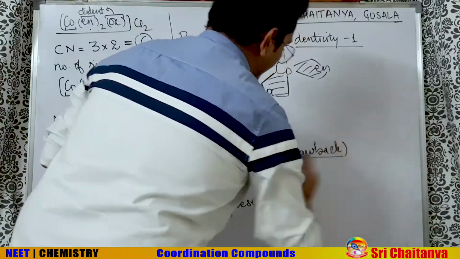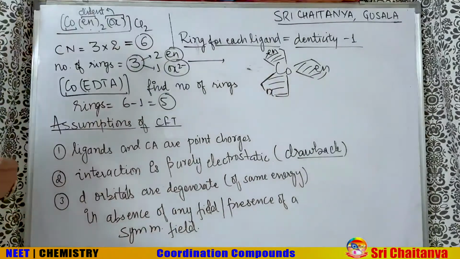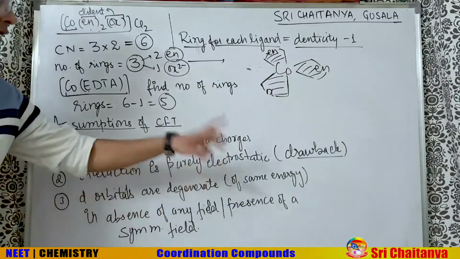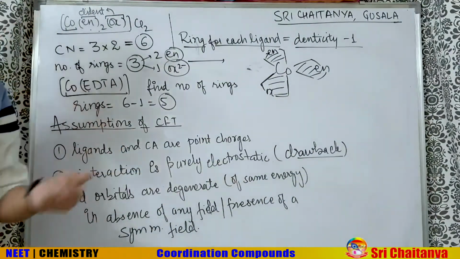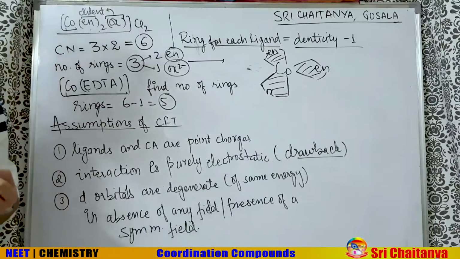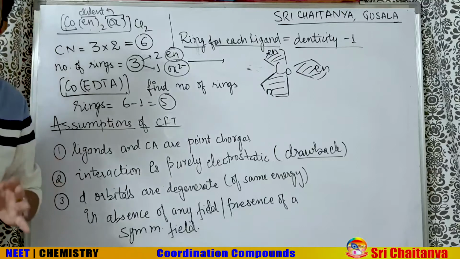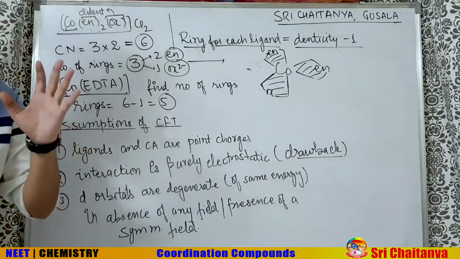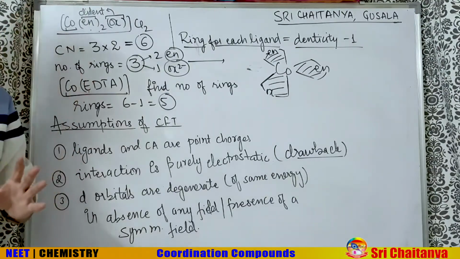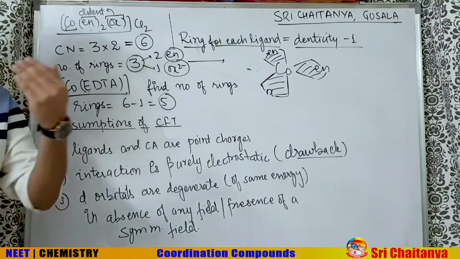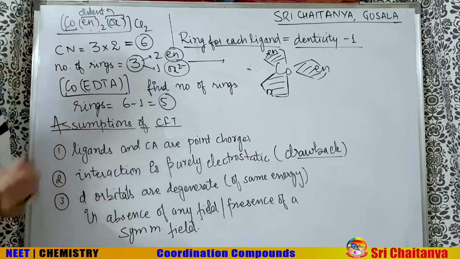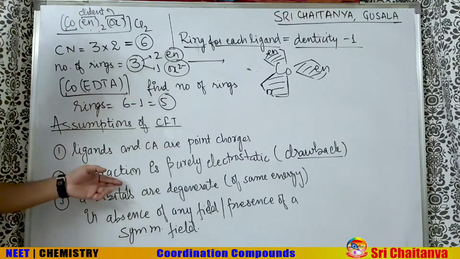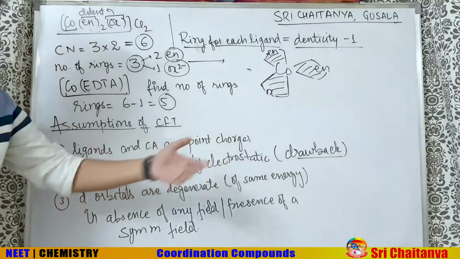Because you are assuming the complex compound to be ionic in nature, because electrostatic force of attraction is between the ions, between completely charged particles. But in reality we understand coordination compounds have a coordinate covalent bond, and it is not an ionic compound, so it's a kind of limitation of CFT as well. But it's the assumption they have taken that interaction is purely electrostatic.